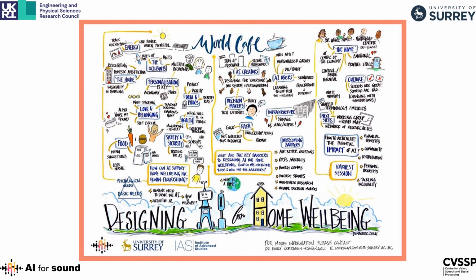From the barrier perspective of designing AI, it's important to discuss with decision makers how the policies will be made or upgraded for using AI within homes. And infrastructure: how do we incorporate this AI technology within old infrastructure?